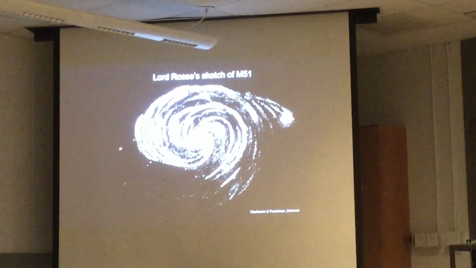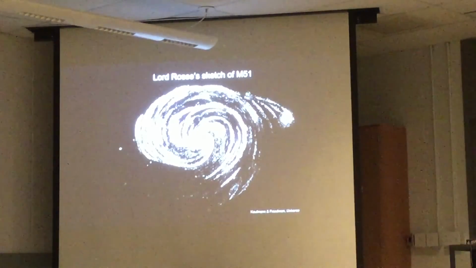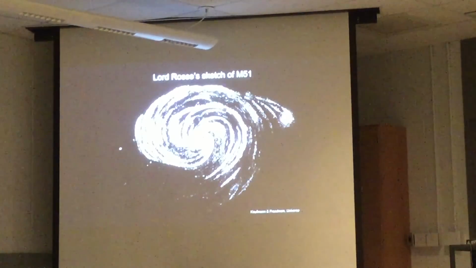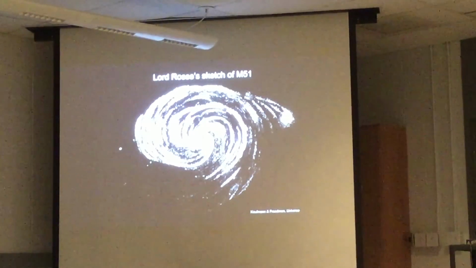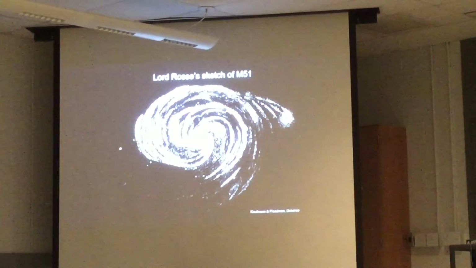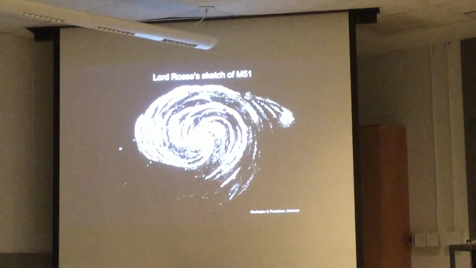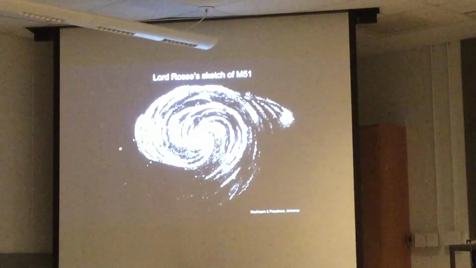Here is his sketch of the galaxy M51. So with his telescope, he was able to visually see some spiral structure in M51. And so that was the reference to the idea that there were spiral nebulae. Some nebulae, they didn't realize they were necessarily external galaxies, but they had a peculiar spiral structure to them.